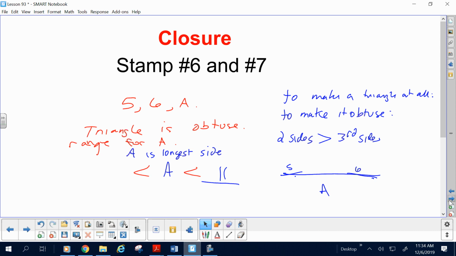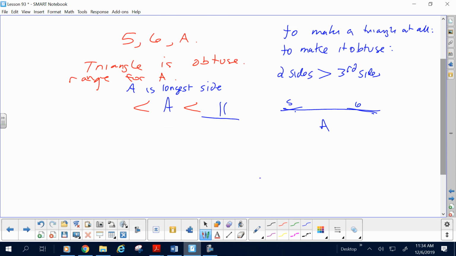So that's where the obtuse, it has to be, imagine if it was straight up root 61. If it was straight up root 61, it would be a right triangle, right? Where do you get the 61 from? A squared plus B squared compared to the longest side squared.